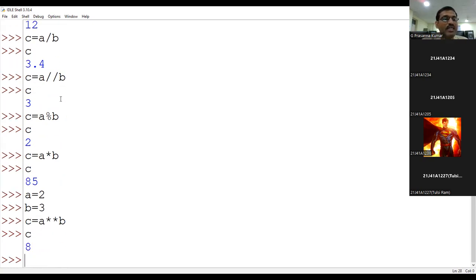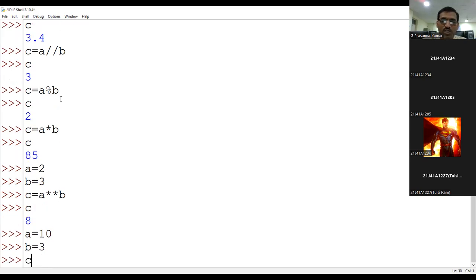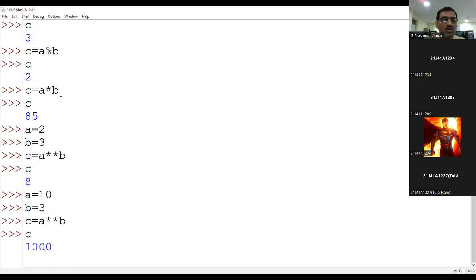You see that c equal to 8. You can use any number for the power. For example, a equal to 10, b equal to 3, then c equal to a double star b, which is 1000. That is 10 to the power of 3. It is power.